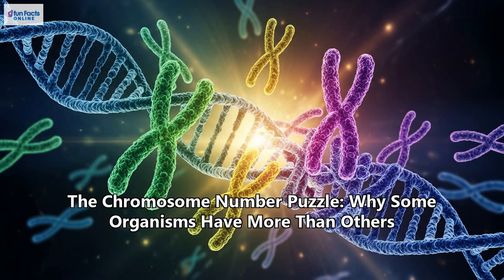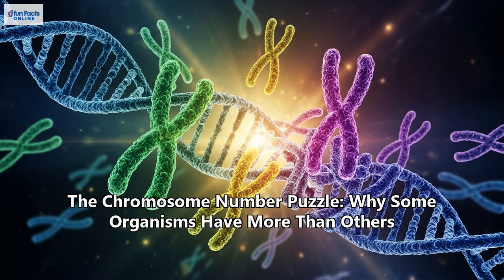For some, like ferns, accumulating massive numbers of chromosomes through polyploidy was a winning strategy, providing genetic backup and fuel for adaptation. For others, like that Australian ant, a highly streamlined genome with just one chromosome proved just as effective.